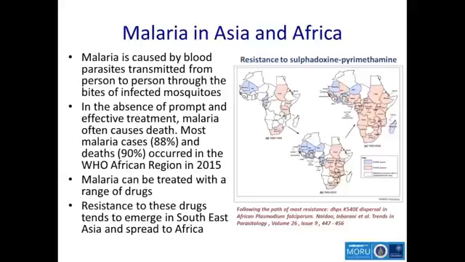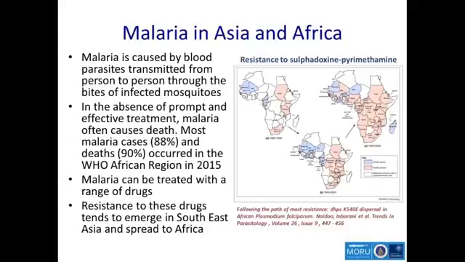Here's an example of resistance to a particular drug, SP, starting on the east coast of Africa and then spreading over about a decade across the entire continent.